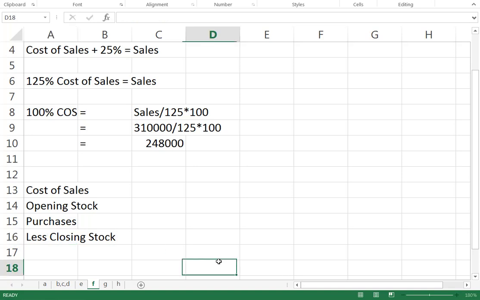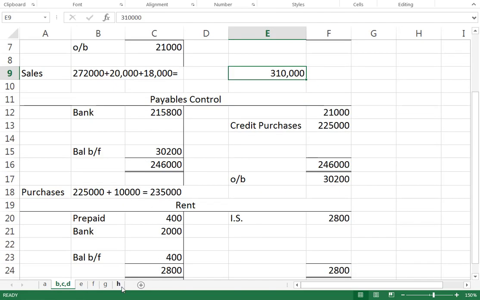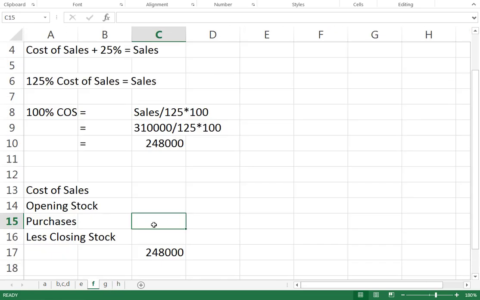Again, we have some of the numbers and we're looking for the others. So cost of sales we see is 248,000. Purchases from our previous calculations was 235,000. Opening stock we already had.